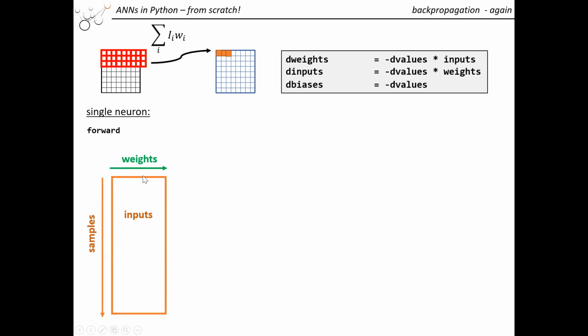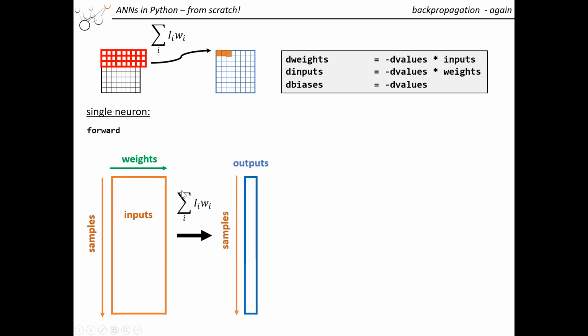So we must have as many weights as features. So if we apply a single neuron, then for every input, so for every data point, it multiplies the weights with the inputs and sums those values up, and also, of course, adds the bias. So for every data point, we'll have one value. So we'll get a vector.